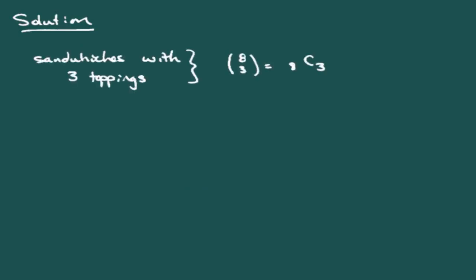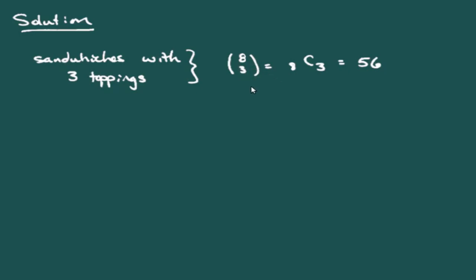And so our solution with that, well, in sandwiches with only 3 toppings, now we also introduce another similar notation for our choosing, that looks like a fraction, except we don't have a fraction bar. We have these 2 parentheses, we've got an 8 on top, we've got a 3 on the bottom, but we do not have a fraction bar.